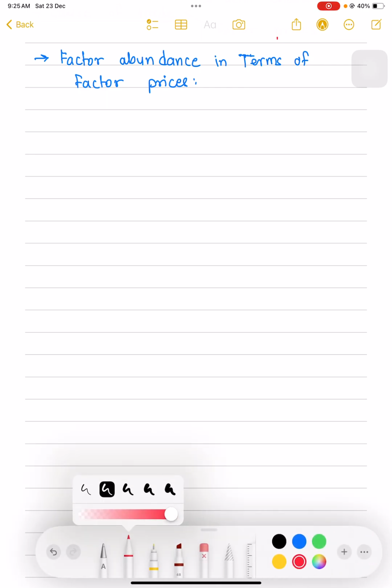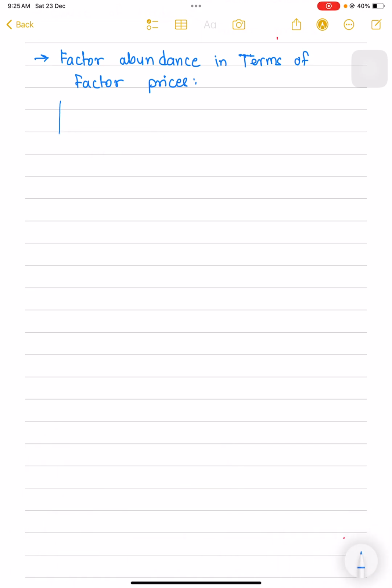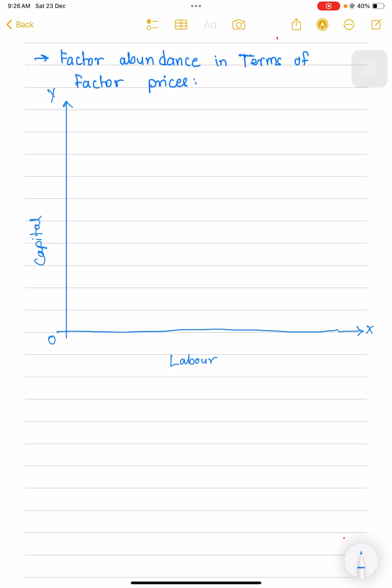So first we will draw the x and y axis. This is the y axis, this is the x axis. Always write what you are measuring on the x and y axis. On the x axis we are going to measure the amount of labor, and on the y axis we are going to measure the amount of capital.